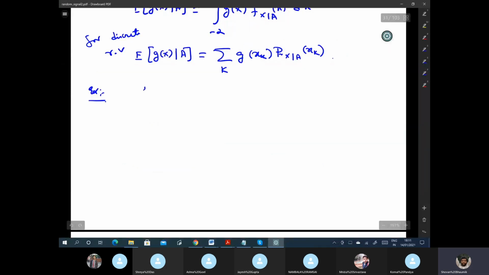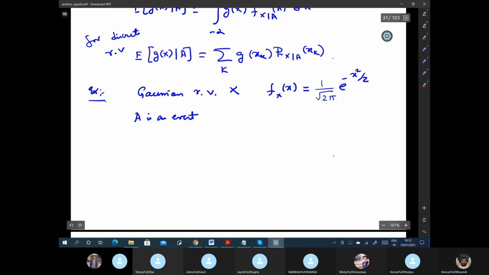Suppose a Gaussian random variable x, with PDF 1 by root 2 pi e to the power minus x square by 2, and an event A that the random variable x is positive, so A equals x greater than or equal to 0.